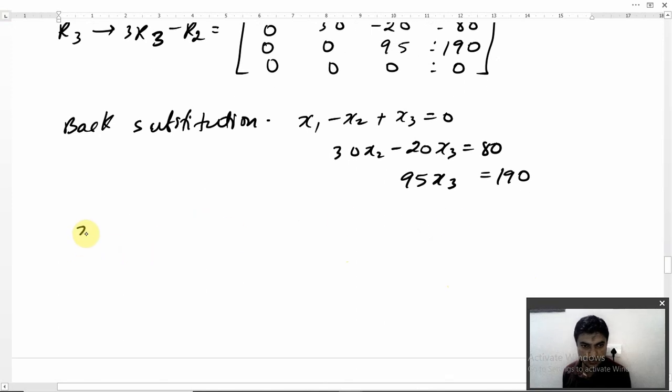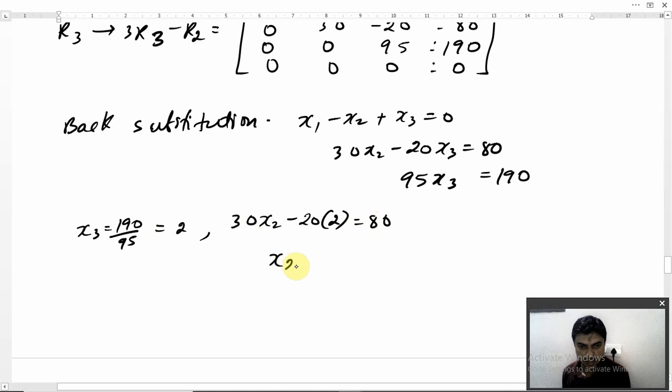I am going to take x3 first, which is 190 upon 95. The answer is 2. Then now substitute in this. So this is 30 x2 minus 20 into 2. Already I have got x3, so I am going to substitute here. If you simplify, x2 is equal to 120 divided by 30, so it is 4.